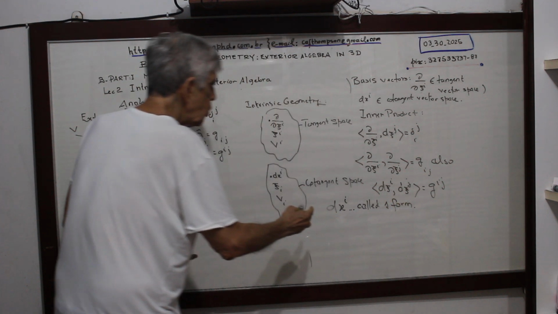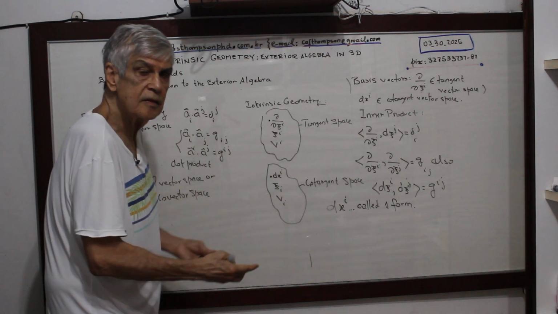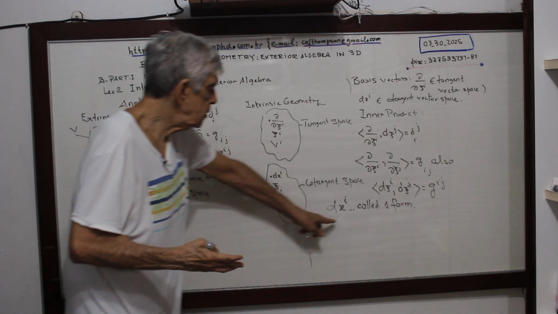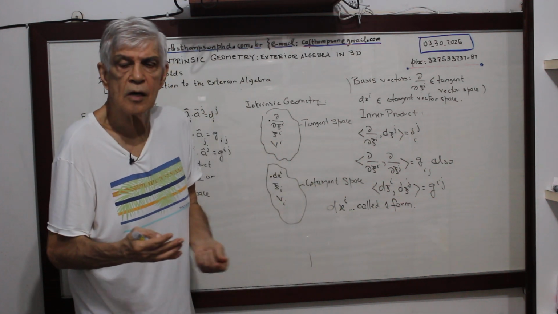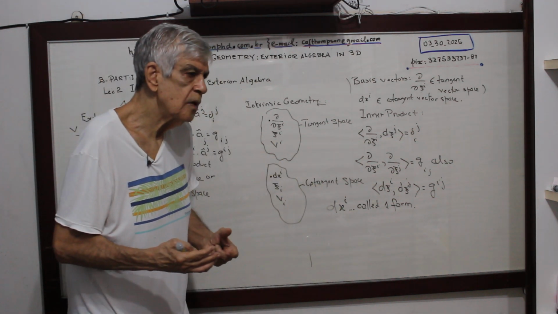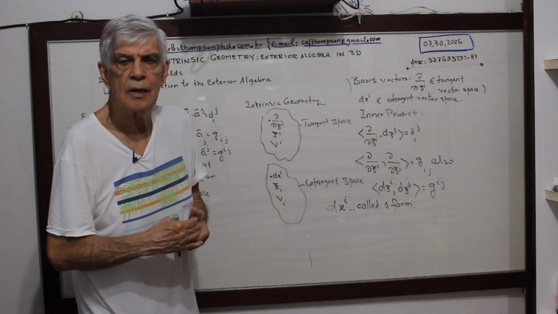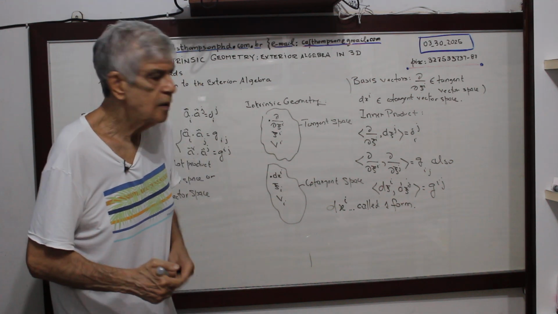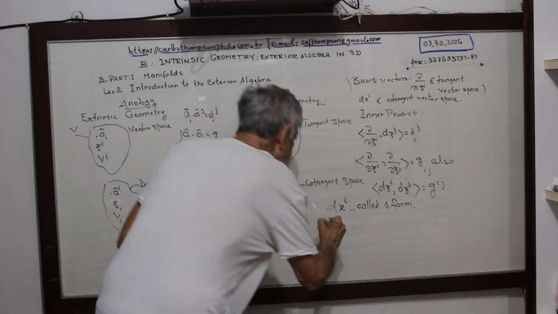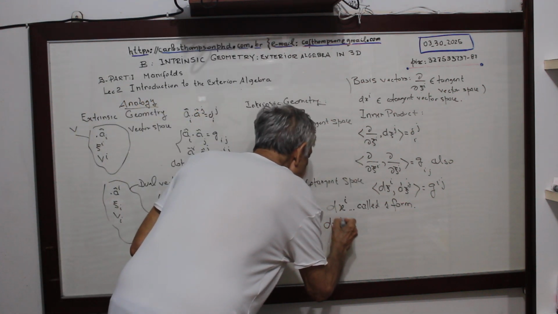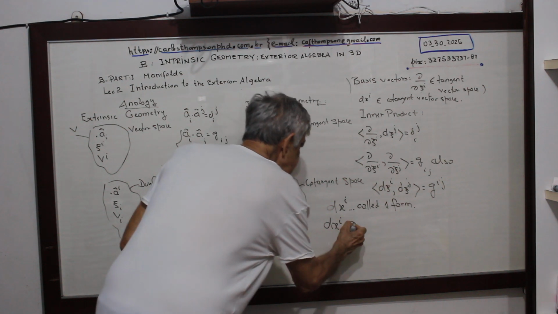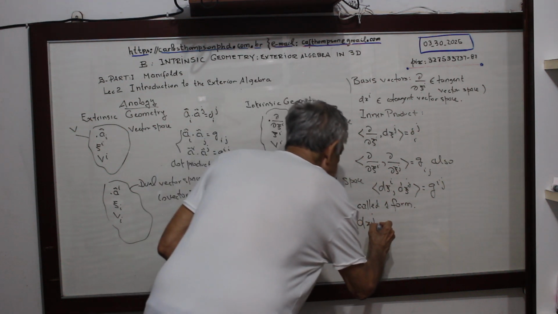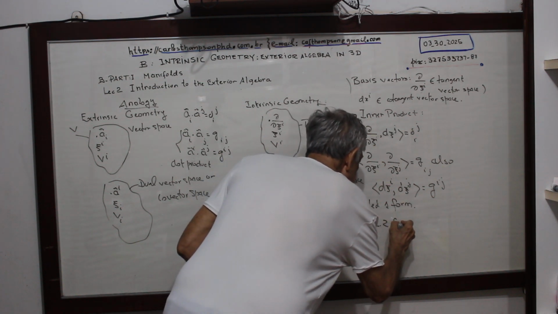When we analyze in more detail the exterior algebra, you will see that the scalar is a zero form. There is a 2 form and 3 form and so on. I'll show here. You see, dxi, attention now, this is a tensor product. dxi tensor dxj is a 2 form.